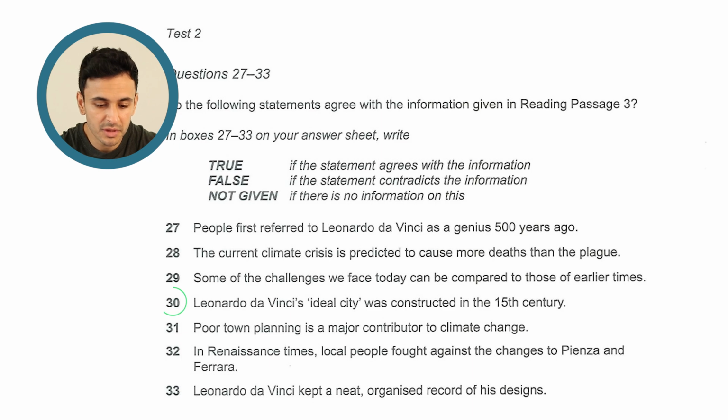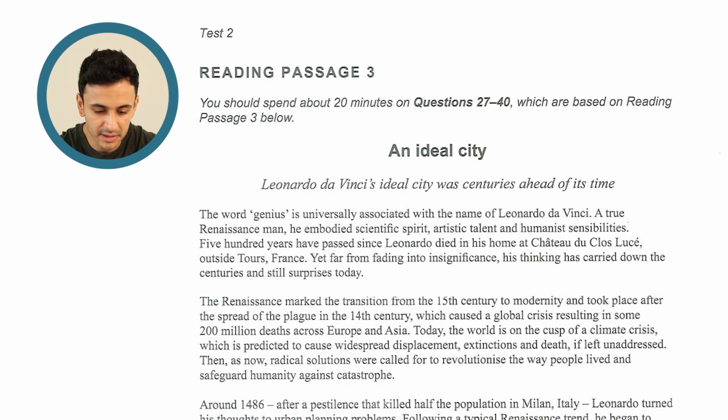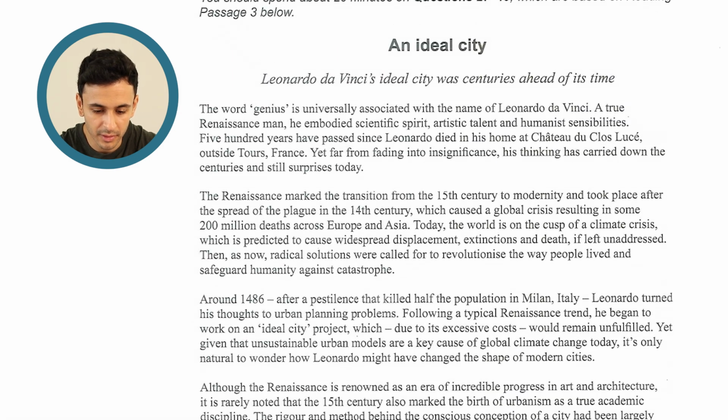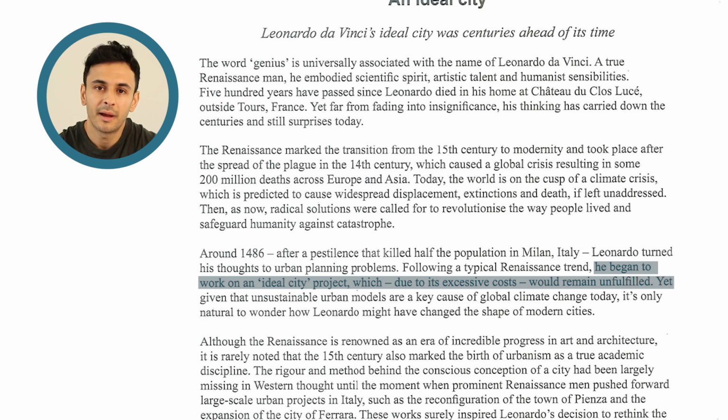Now if I move to question number 30: Leonardo da Vinci's ideal city was constructed in the 15th century. When I was reading paragraph 3, it said he began to work on an ideal city project which, due to its excessive costs, which means the expensive prices it would require, would remain unfulfilled. What we mean by unfulfilled is that it was never actually constructed.